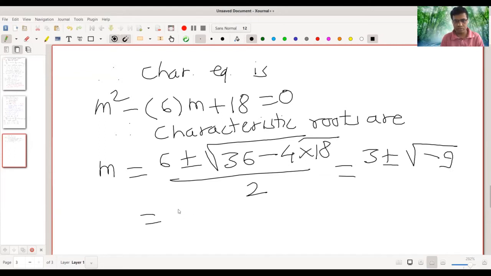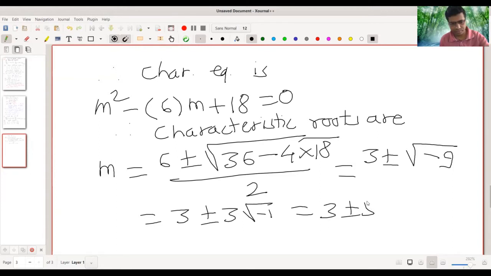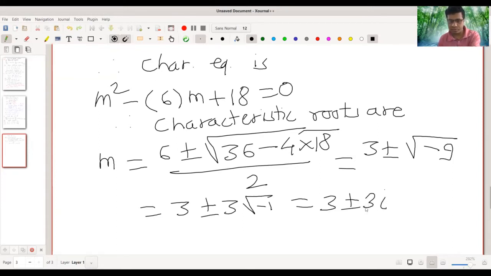So it is 3 plus minus 3 into square root of minus 1, that is 3 plus minus 3i. So we have complex roots.